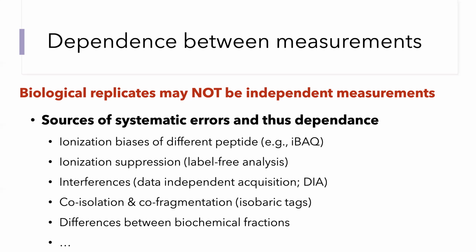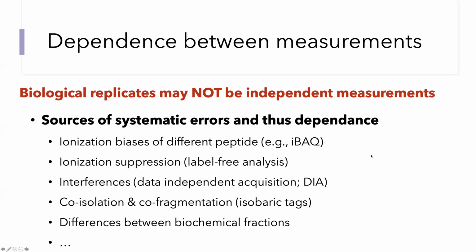Another source of systematic errors can be the difference in biochemical fractions obtained from various isolation methods. For example, when we fractionate different cellular parts, nuclei, mitochondria, endoplasmic reticulum, cellular membranes, and so on, these fractions may contain different buffers that can contribute to systematic biases in estimating the protein abundances in those fractions.